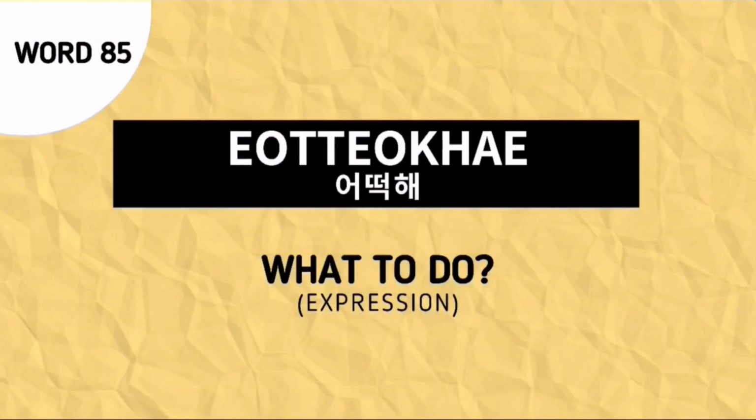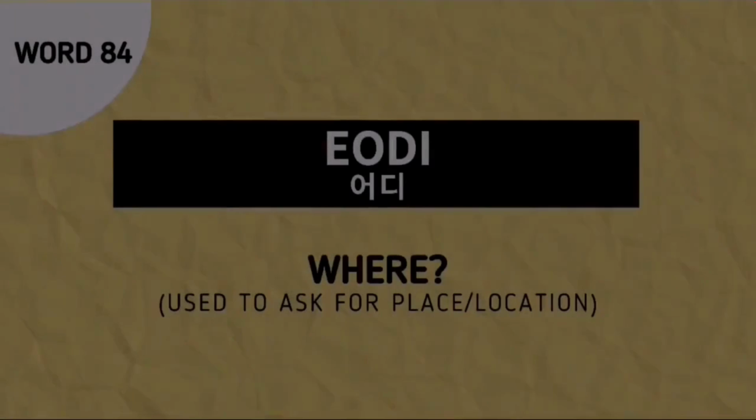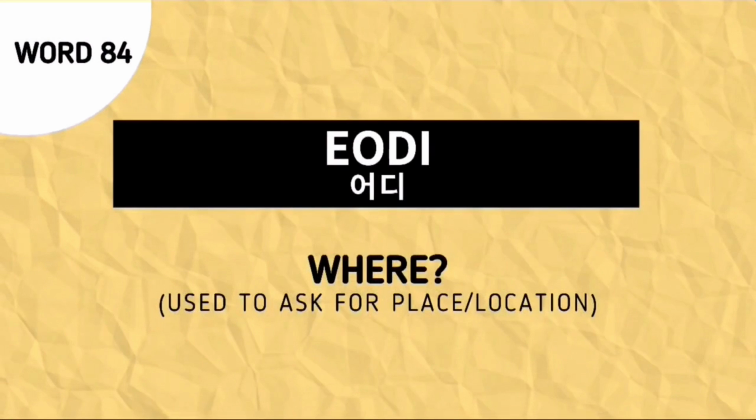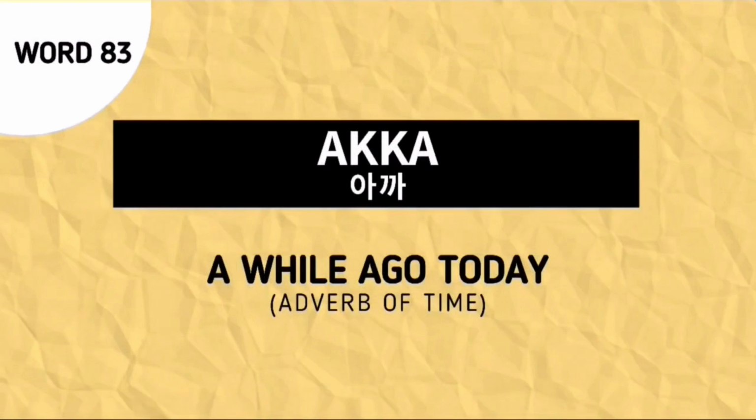Next word is otokhe, and this is used to say what to do. Next word is odi, and this is used to ask where. Next word is akka, which is used to say a while ago today.